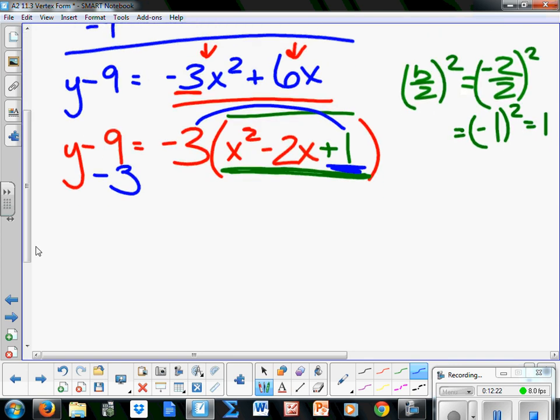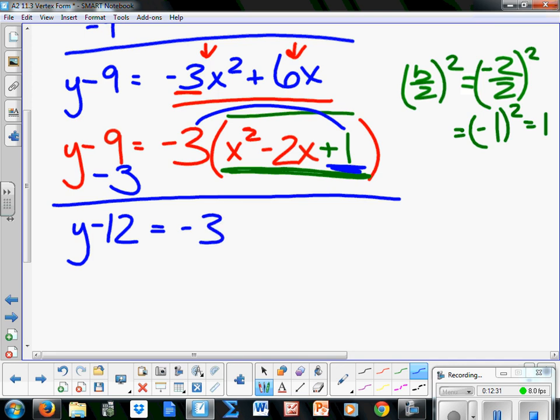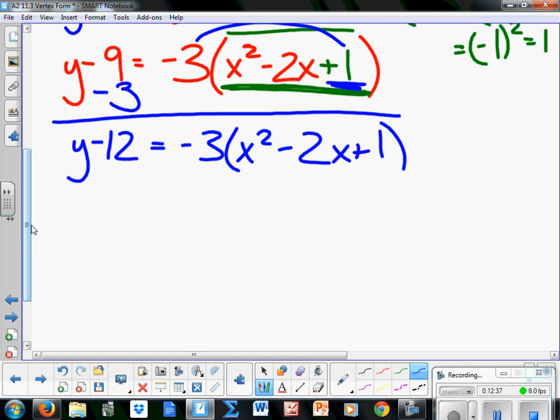Now I need to simplify this side. We've got y minus 12 equals -3 times x squared minus 2x plus 1. Now I need to factor that stuff in parentheses, my quadratic expression there.